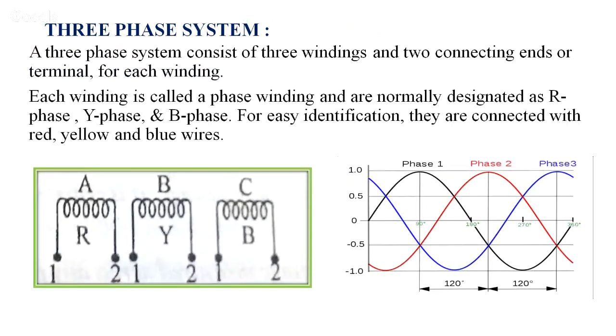Now let us see what is a three-phase system. A three-phase system consists of three windings and two connecting ends or terminals for each winding.